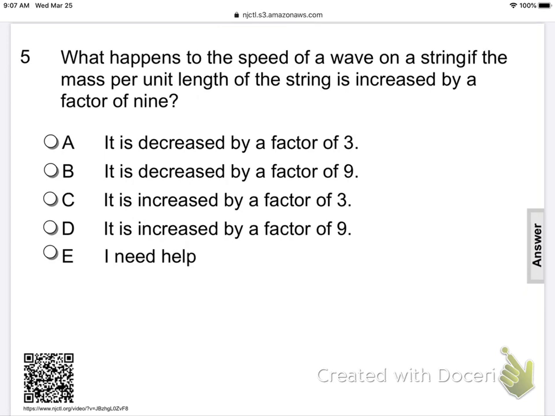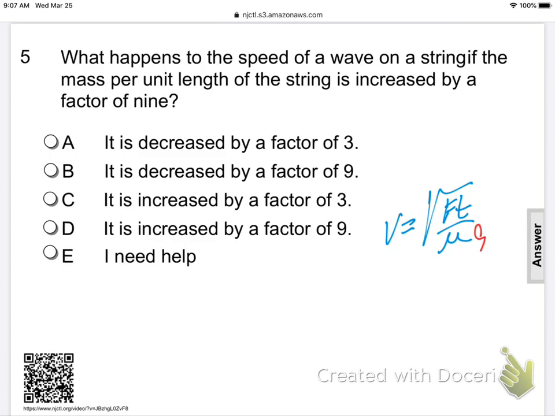What happens to the speed of a wave if the mass per unit length of the string is increased by a factor of 9? So now we have velocity equals the square root of tension over linear mass density, and the linear mass density is now increasing by a factor of 9.